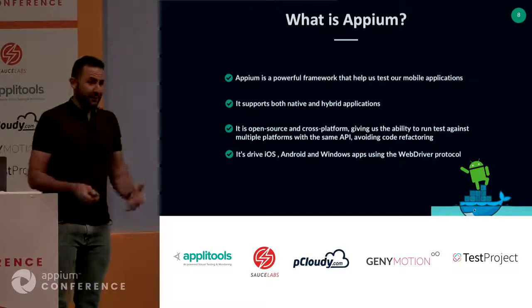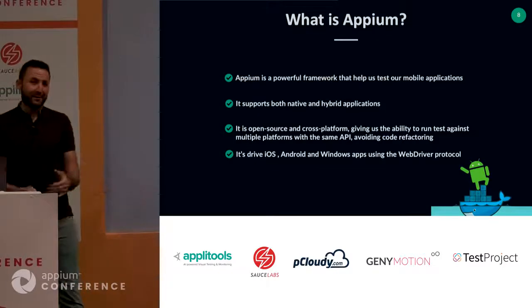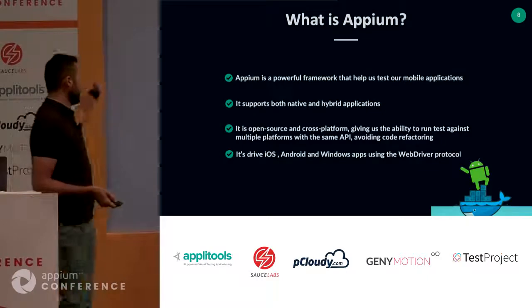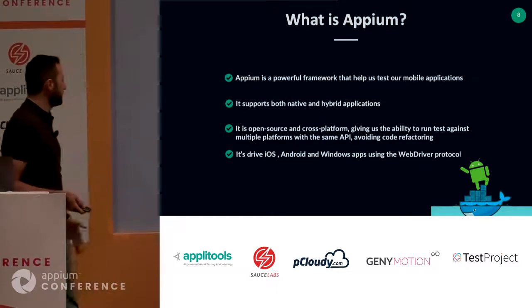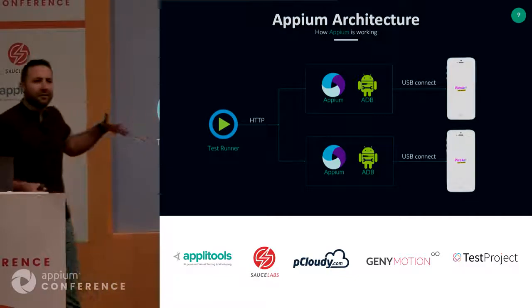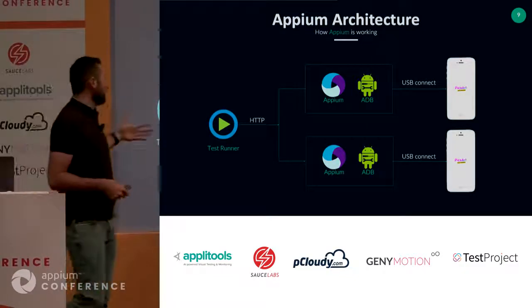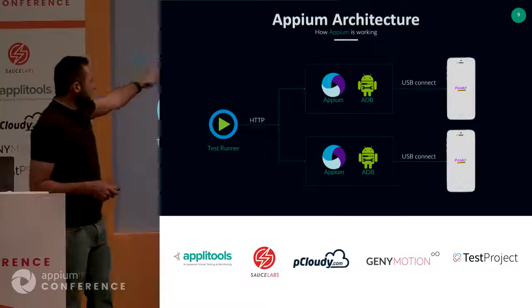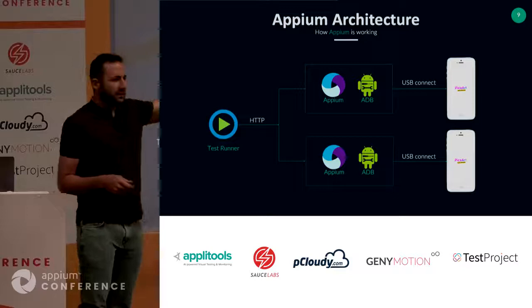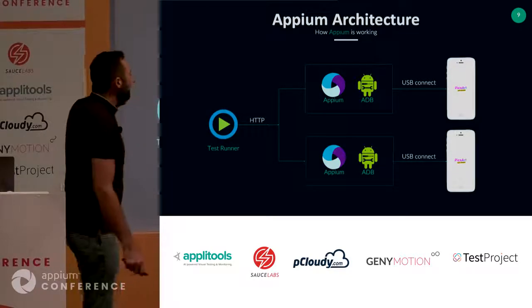I will skip this one because everyone here knows the basics of what Appium is and how it works. This is the simple high-level architecture of how Appium is working. There's a test runner, there is Appium with ADB, and it's connected to the device via USB.